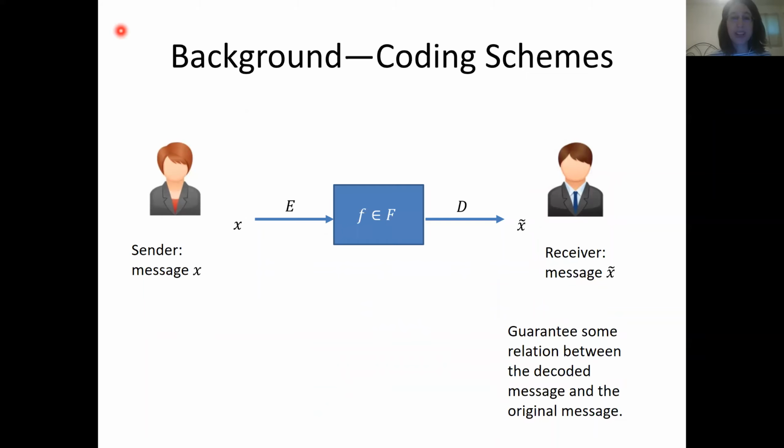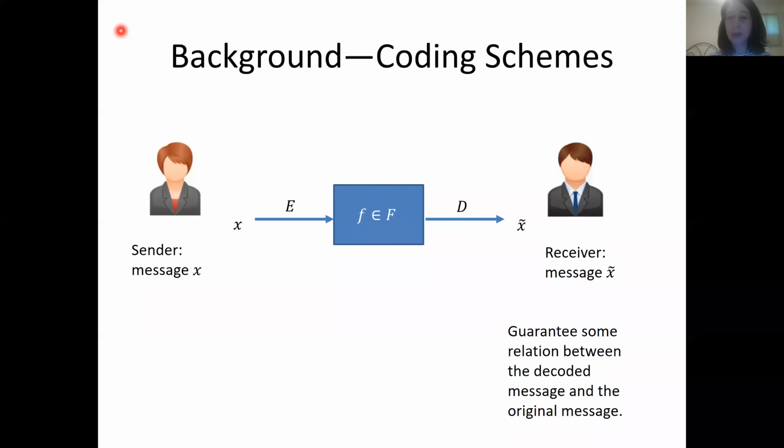The channel is going to select a function, little f, which we're going to call the tampering function, from some allowed class of functions, big F, and it's going to apply little f to the codeword. The receiver is going to receive this tampered codeword, and it's going to run the decode algorithm, denoted by D, in order to recover X tilde, which is the recovered message.